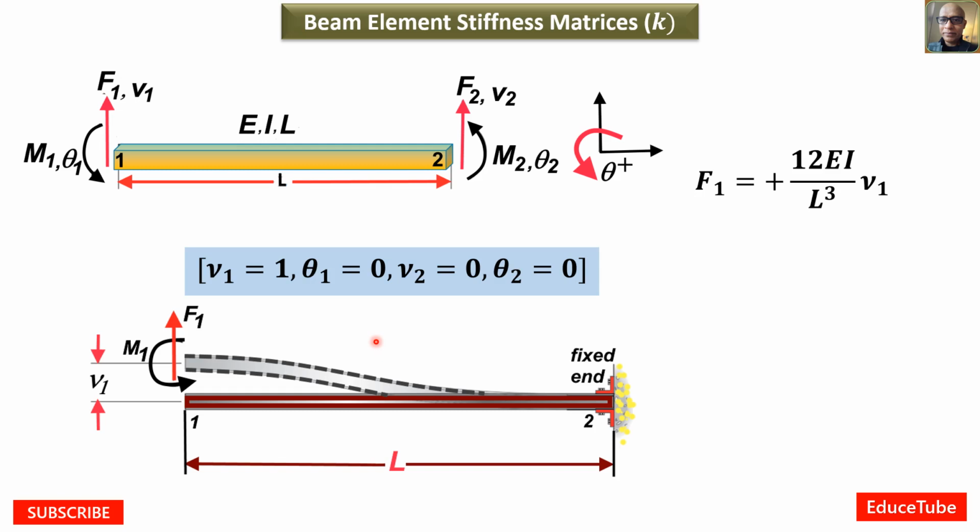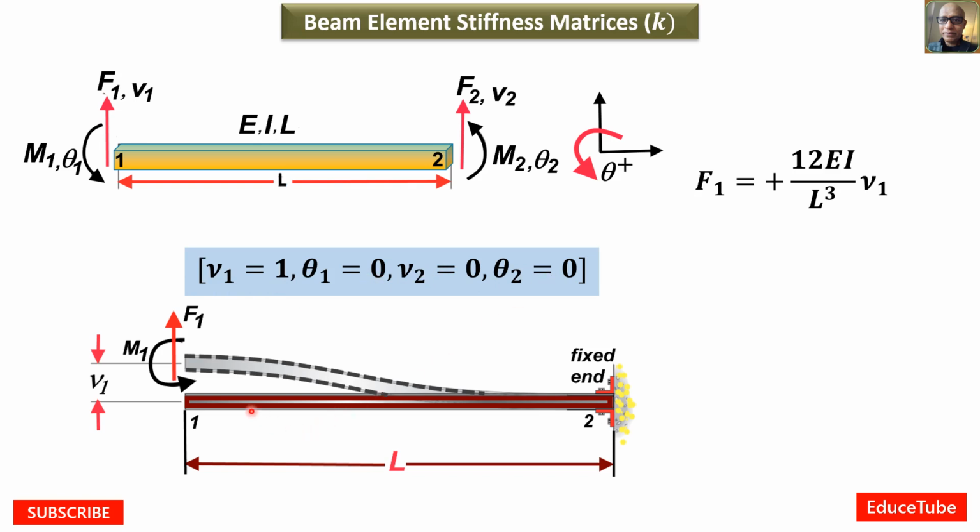In the previous slide I showed the 4 by 4 matrix. So in case of getting the first column of that matrix, I have to set forces and moments corresponding to the following set of displacements and rotations. So I will put nu1 as 1, all others will be 0.